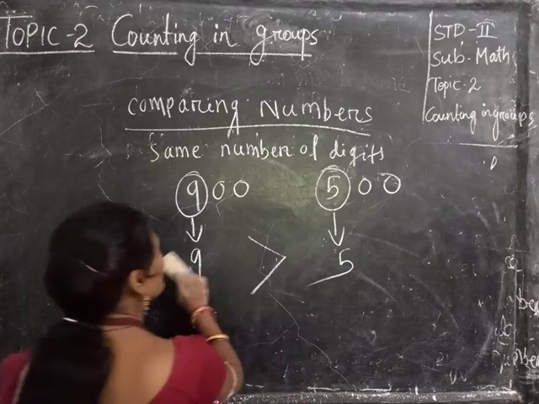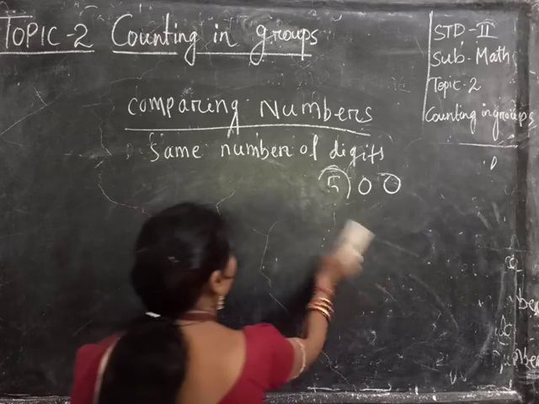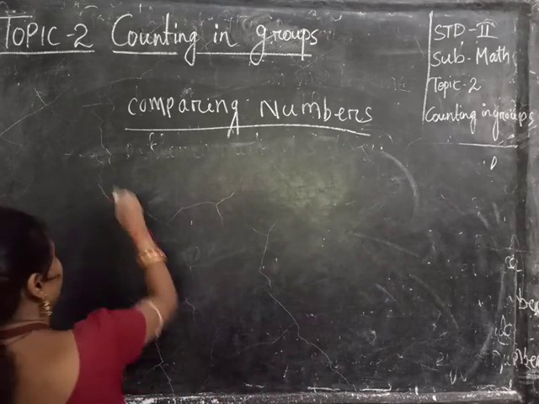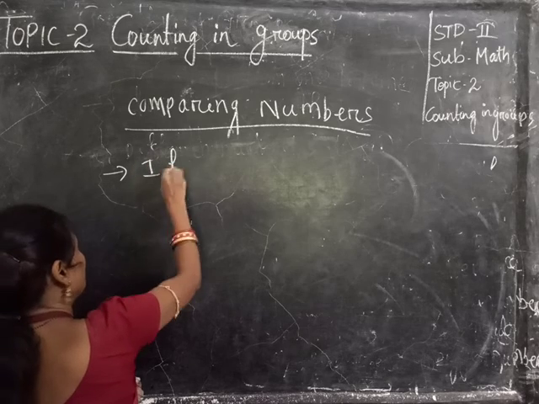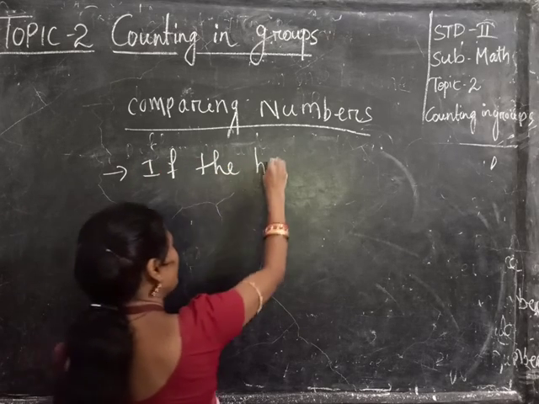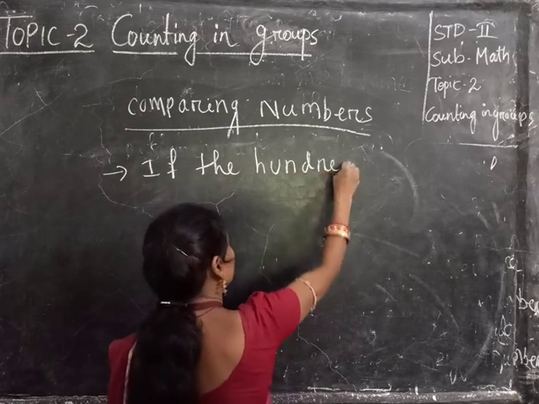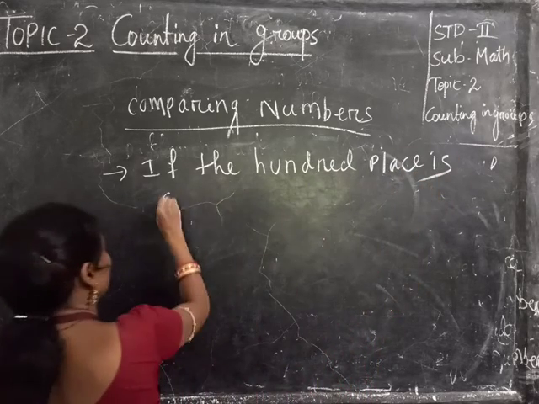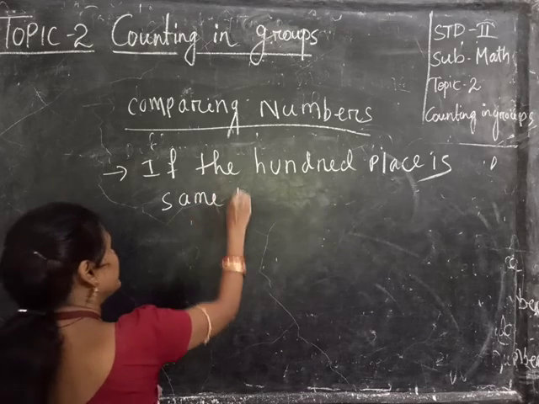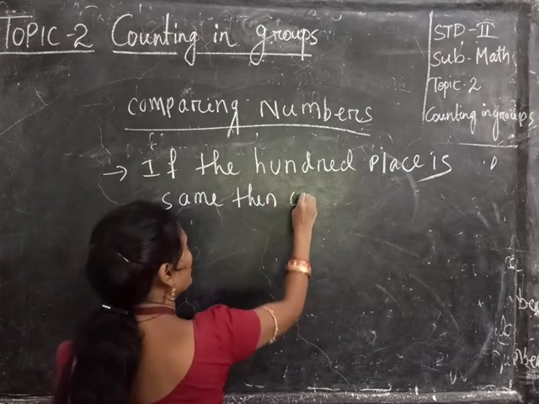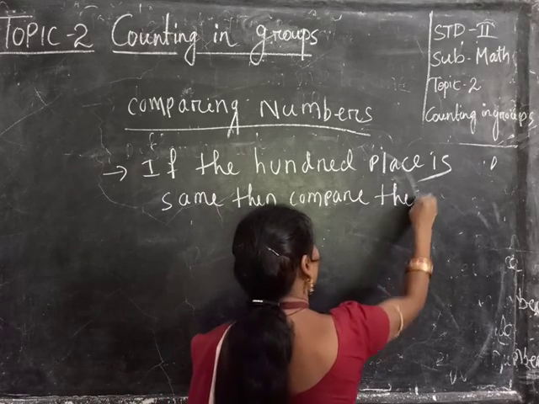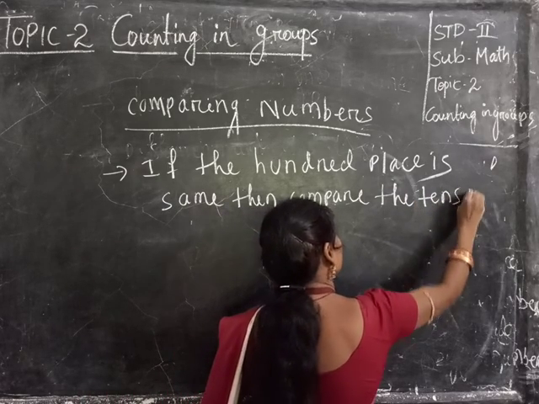Okay, 9 is greater than 5. Right. So our first rule is complete. Next rule is, if the 100 place is same, then compare the tens place.